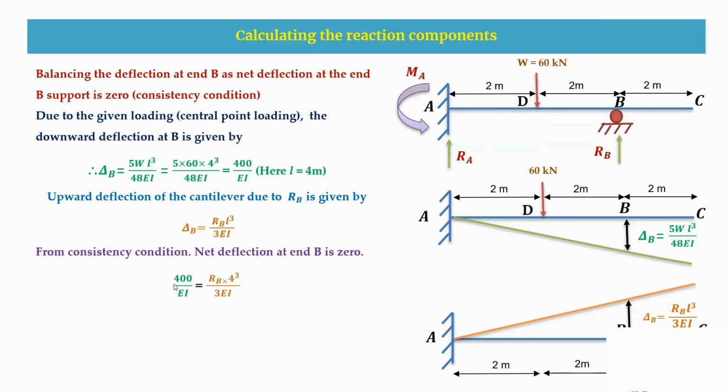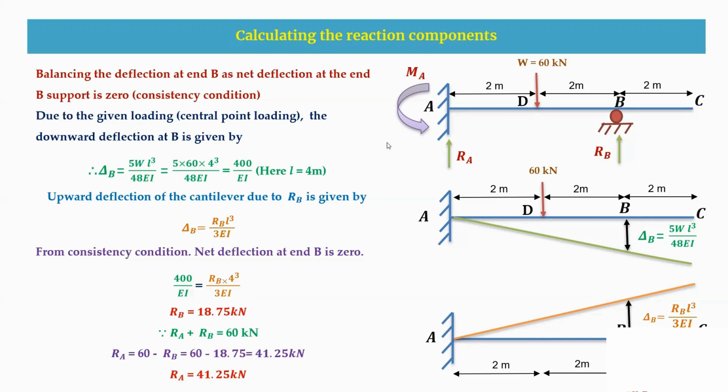So that means downward deflection will be equal to upward deflection. By using this, you are going to solve the above equation. Then we are going to get RB as 18.75 kilonewton. As we know, RA plus RB is 60 kilonewton, we got RA as 41.25 kilonewton. So this is how we calculated the reactions.